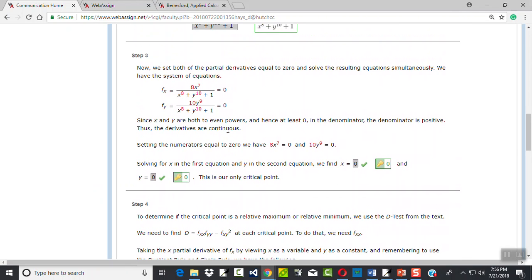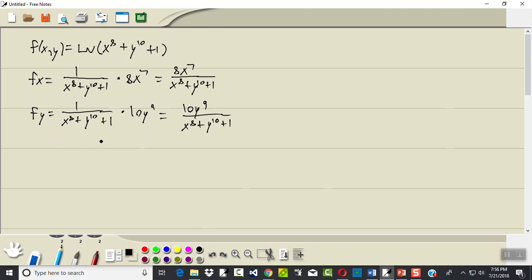Then step 3, what they want us to do is set both of these equal to 0 and then solve them. Okay, so I got 8x to the 7th over x to the 8th plus y to the 10th plus 1 equal to 0. And I got 10y to the 9th over x to the 8th plus y to the 10th plus 1 equals 0.